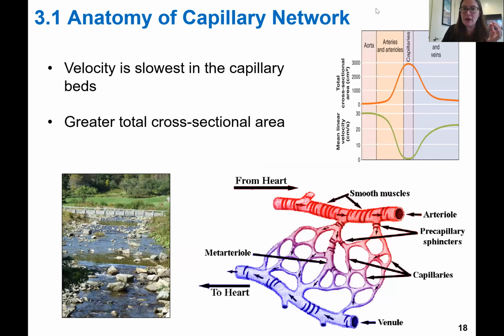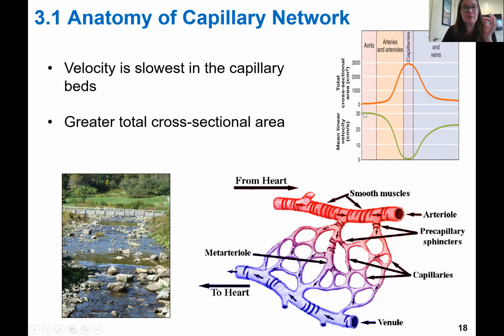When we talk about capillary networks, we've already gone from big vessels to smaller vessels to arterioles, and then capillary beds are just lots and lots of very, very, very small diameter vessels. And because they are so numerous, our total cross-sectional area goes way up in capillaries.